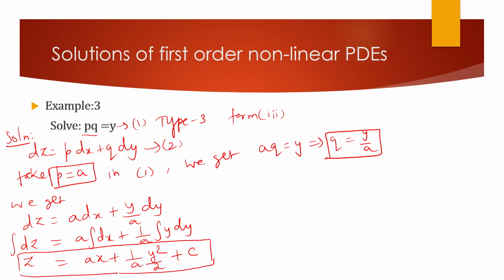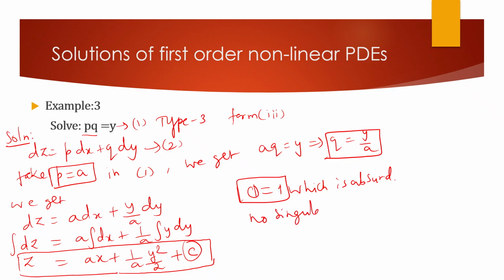When you differentiate this partially with respect to c, we get 0 is equal to 1, which is absurd, which means it has no singular solution.